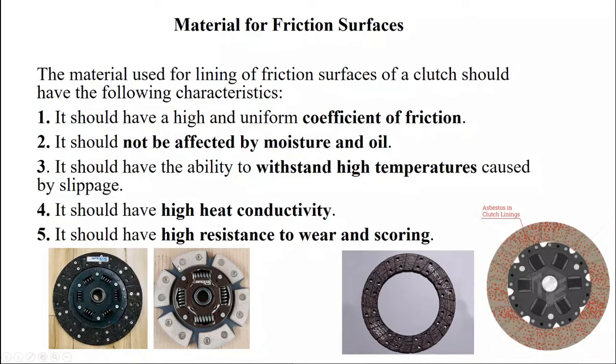Ceramic plates wear fast, but they can dissipate more heat quickly. So in sports cars and racing cars, this type of ceramic clutch plate is used because they operate at very high speed, but they can take care of high temperature easily. But their life is less. They have to be changed frequently.